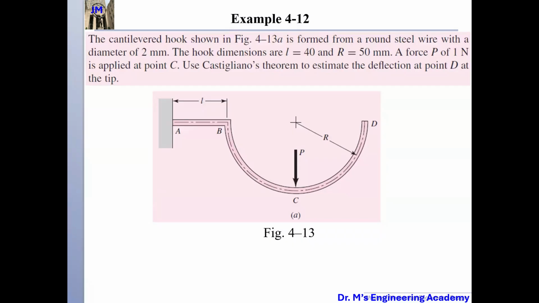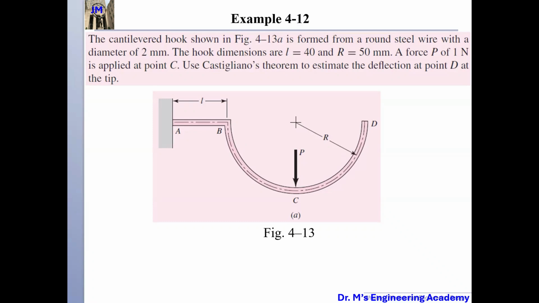So this is the same beam, and we only take care of the contribution of the moment, which means that, as we said here, delta equals dU/dF, and we only use this: 1 over EI, integral of M, dM/dF, R dθ.